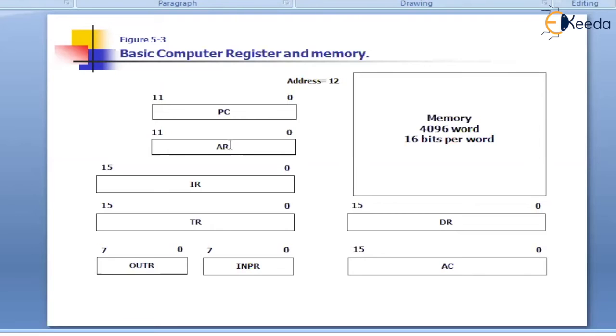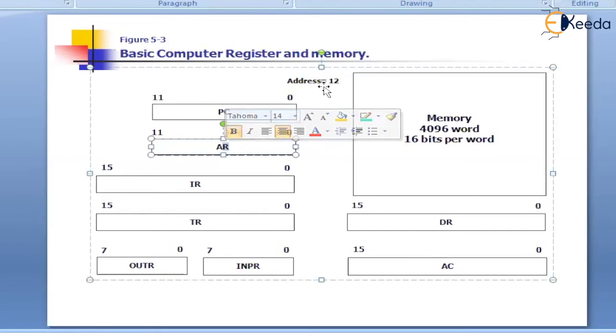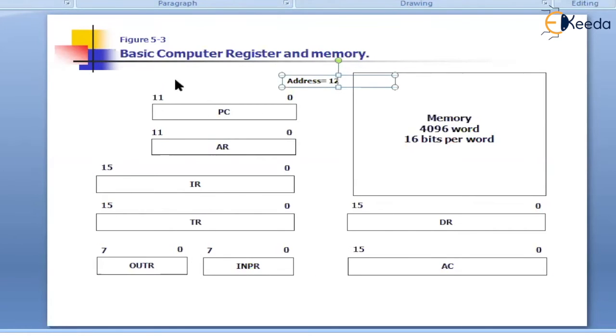Similarly, the address register will also be used to hold addresses, so the address register size should also be equal to 12 digits. So program counter and address register sizes must be equal to 12 digits. Rest of all the registers will be equal to 16 digits, except the input register and output register. Why are the input register and output register different in size? We're going to discuss that in the next videos. We'll talk about the input register and output register later.